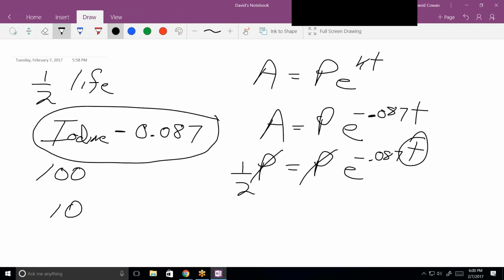And once you figure out the half-life, now you're trying to solve this. 100 is going to 10. And it's e to the minus 0.087 t. And now you want to solve that for t.